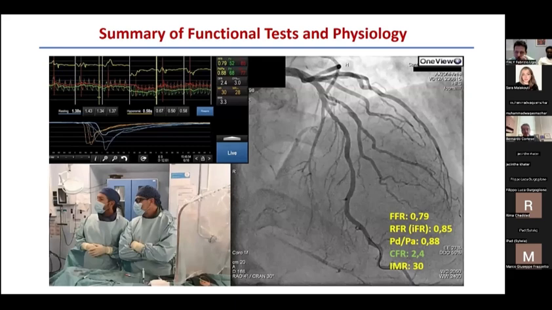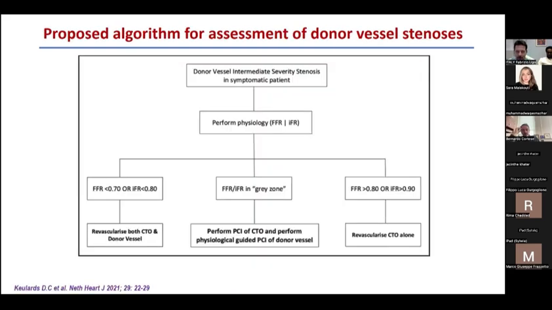FFR 0.79 is a gray zone, because with this algorithm, we consider it positive, and provide revascularization of both CTO and donor vessel, when we have a positive FFR. But if FFR is negative, 0.80 or more, revascularize only the CTO. We are in the middle.